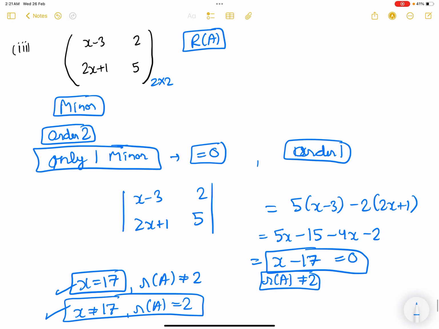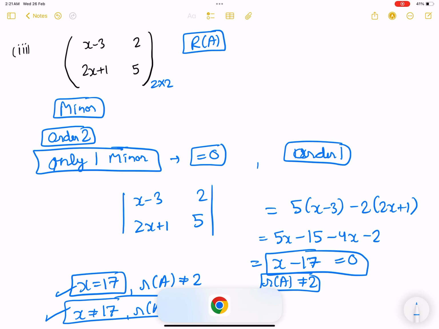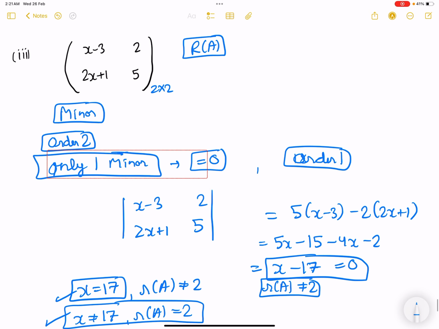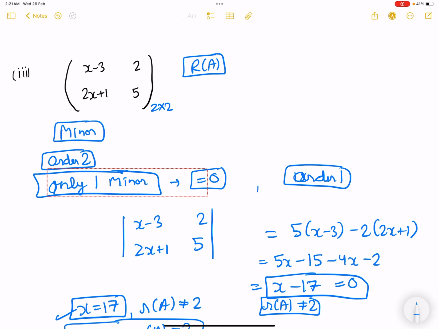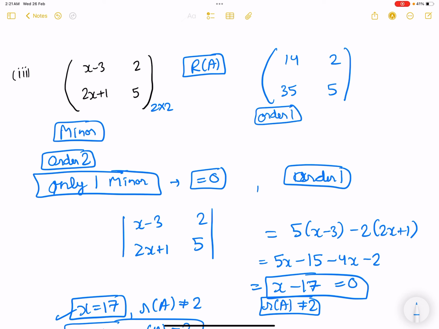Now suppose x is 17. So if x is 17, this would become 14, 2, 35, 5. And now for order 1, how many minors are there? 4. 1, 2, 3, 4. And none of them is 0. At least one of them is not 0.